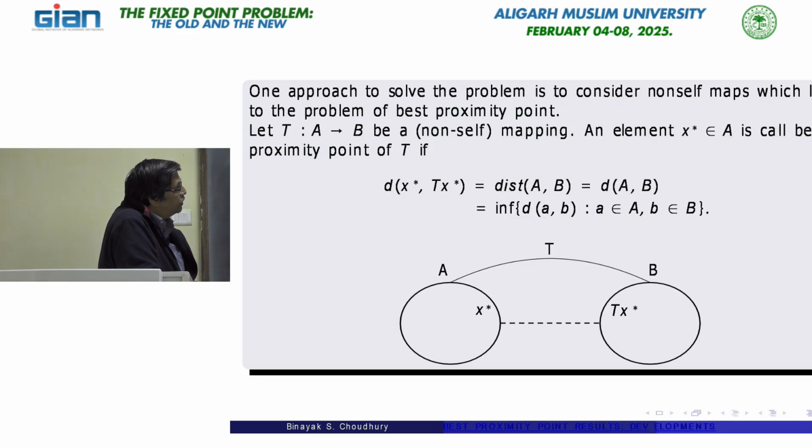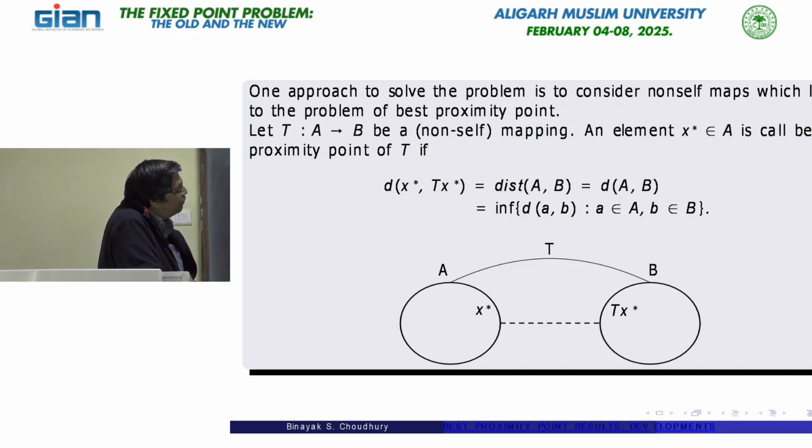Now look at it. If you have one point z from here and the other point Tz from here under the mapping T, then d(z, Tz) is greater than or equal to d(A, B), obviously, because this is the minimum distance.